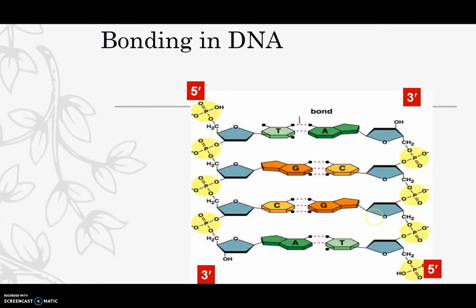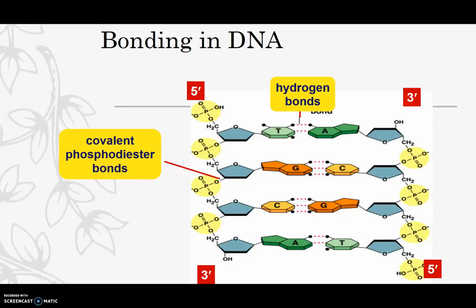Okay, so DNA is a review. We have hydrogen bonds between the base pairs, and we also have phosphodiester bonds in the sugar phosphate backbone. Now you'll notice these 3s and 5s, which right now don't mean anything, but as you review before your test, you're going to want to pay careful attention to the 3s and the 5s.